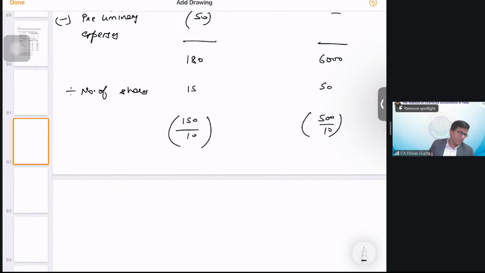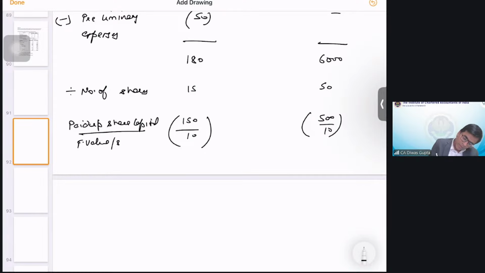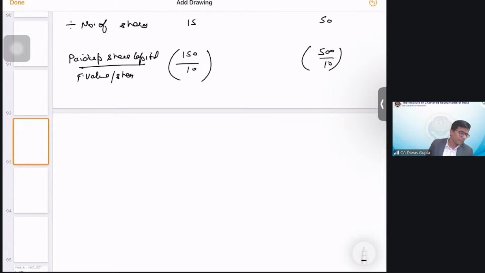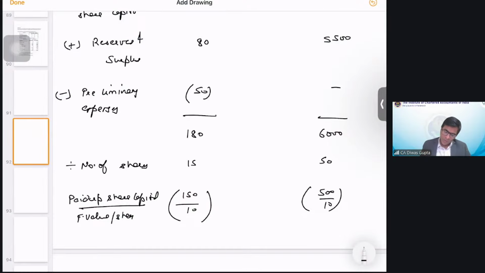Yes. So what we have done here is paid up share capital divided by value per share. Okay. The book value per share becomes how much? So 180 divided by 15, right? And 6,000 divided by 50.